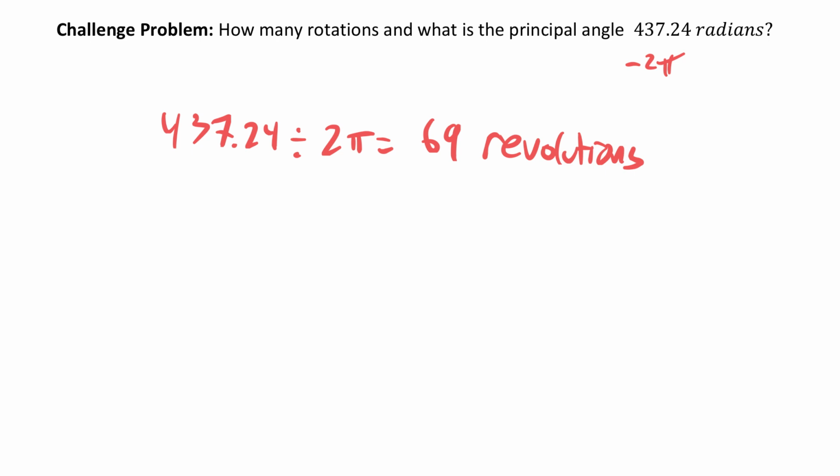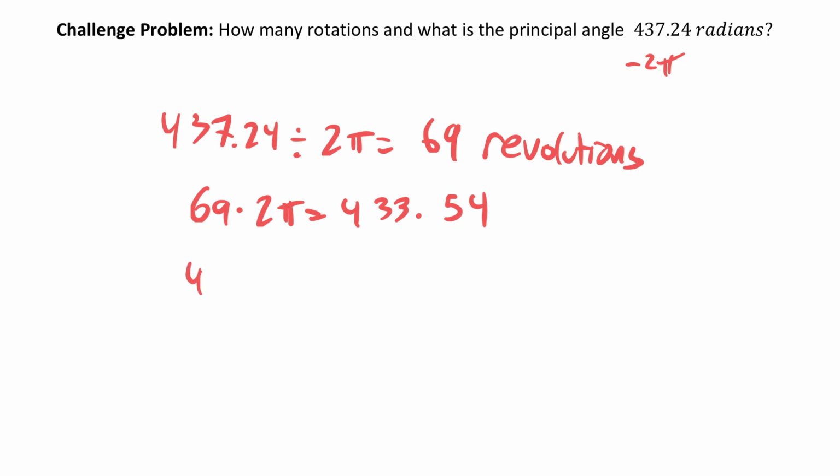So we can go back and figure out 69 times 2 pi. Well, using a calculator, 69 times 2 times pi is going to give us 433.54.